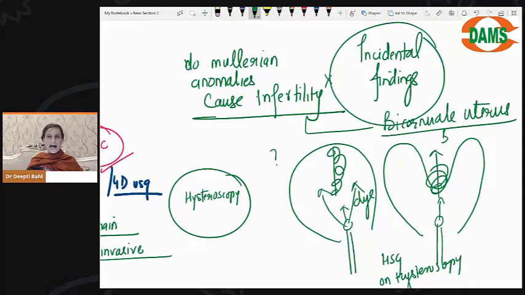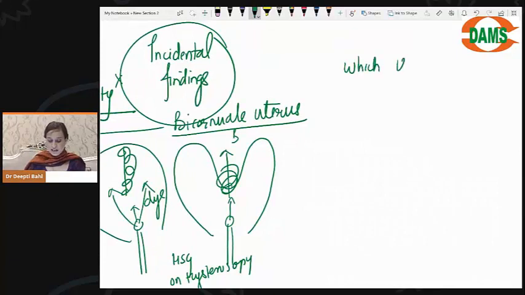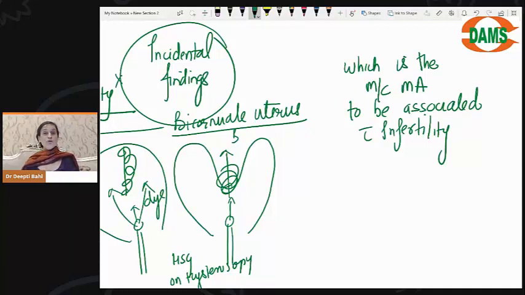I will twist the question again for you. Which is the most common Mullerian anomaly to be associated with infertility? Let me see who are the bright ones. Which is the most common Mullerian anomaly to be associated with infertility?